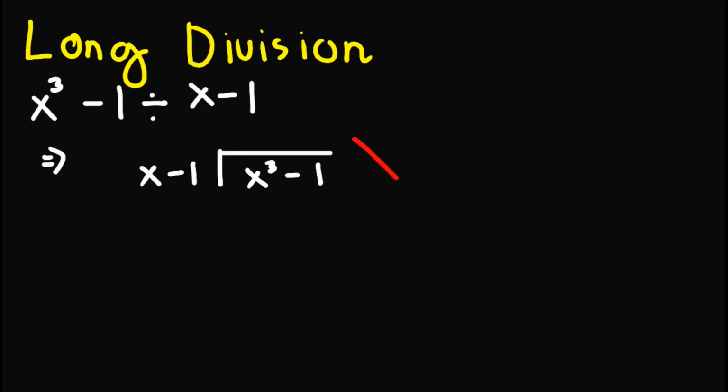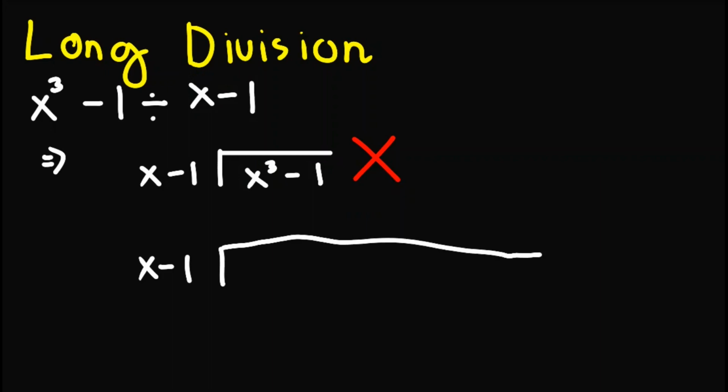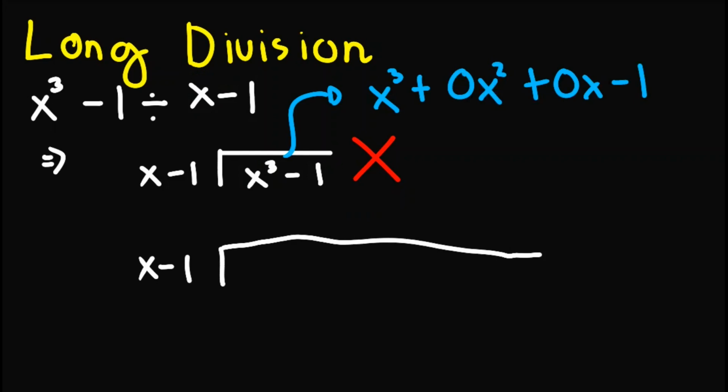So this one is wrong. The correct one is x minus 1 is divided by, we should write this one as x cubed plus 0x squared plus 0x minus 1. So we need to supply some zeros out here for variables or terms that are not present. This is the correct one.